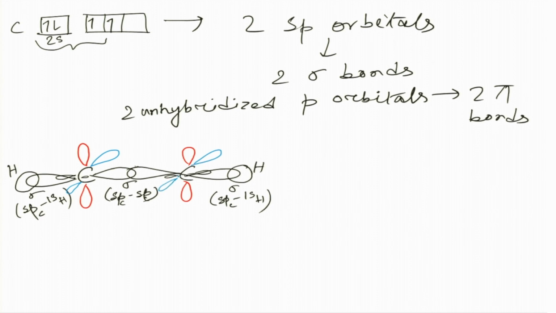These p orbitals will form pi bonds. Let us show how pi bonds will be formed. These are 2 carbons. Here is one p orbital. These p orbitals will actually overlap, right? So we can draw it like this.